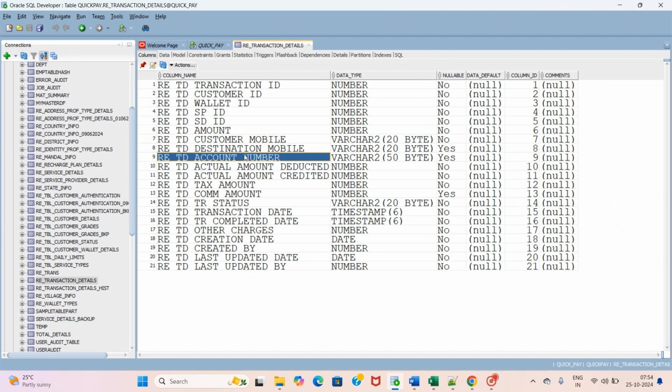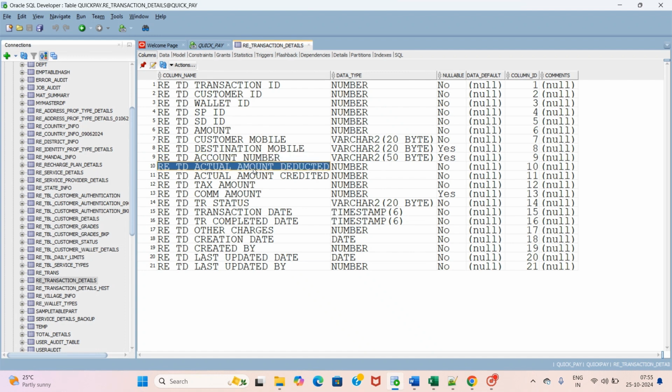If the customer is doing bill payments, such as electricity bill payment or credit card bill payment, the customer can provide the account number. If you don't give the account number of the electricity, the bill will not be fetched, right or wrong? Yes, that is the account number. Destination mobile number is only used for recharges, and the account number is only used for bill payments.